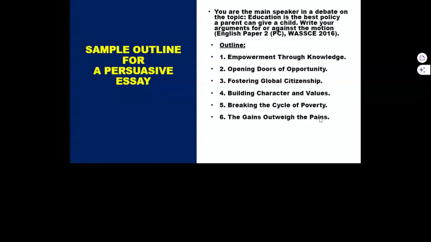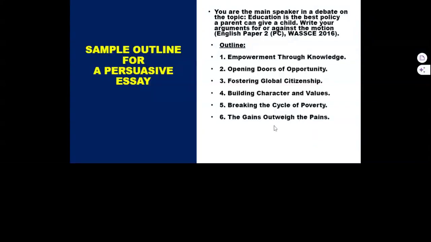Number 6, the gains outweigh the pains. This is where we consider the opposing arguments, and then we give compelling reasons to show that even though people have some points against education, yet all those points cannot outweigh the gains.